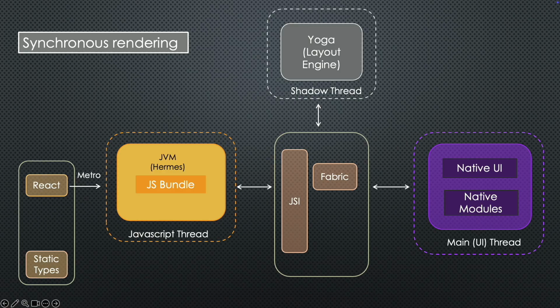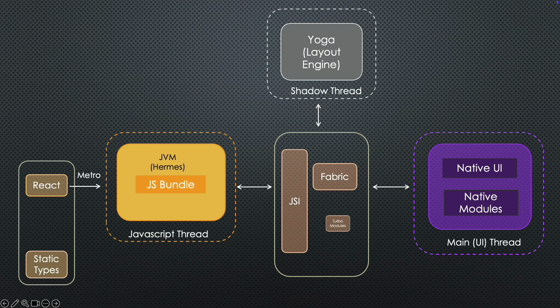Fabric ensures that this event runs on the UI thread for instant feedback, while the less critical task, like the network response, can resume afterwards. So that's where multi-priority scheduling comes in.